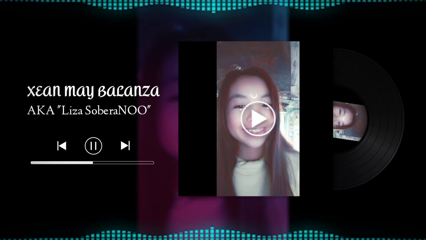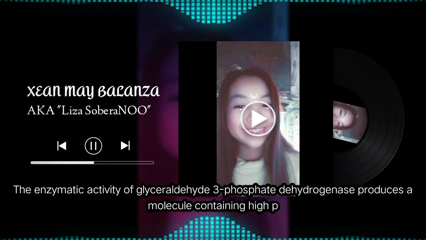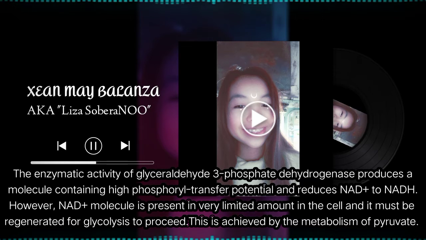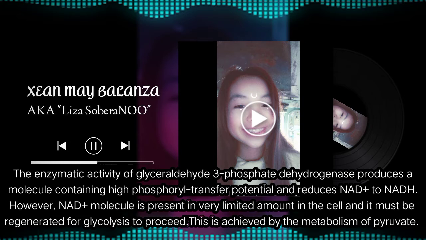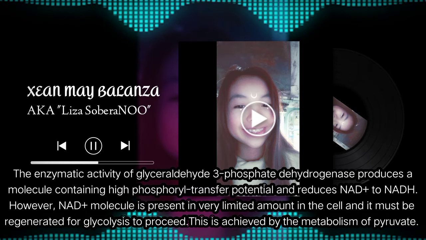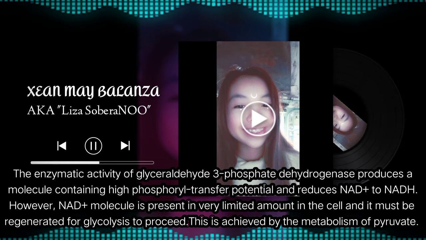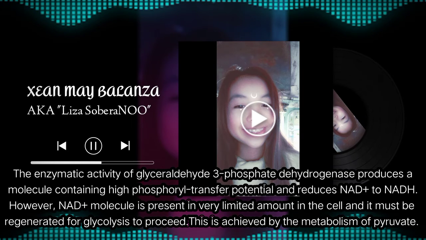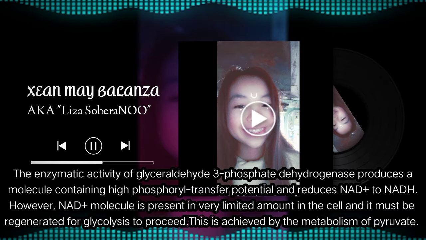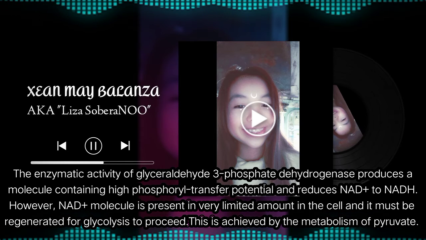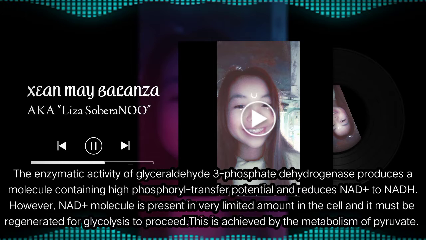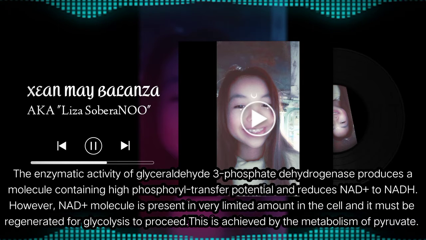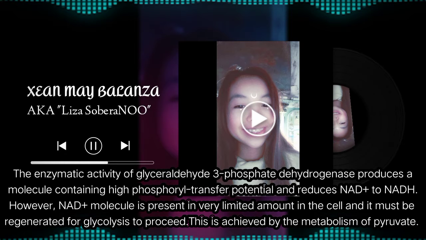The enzymatic activity of glyceraldehyde 3-phosphate dehydrogenase produces a molecule containing high phosphoryl transfer potential and reduces NAD to NADH. However, NAD is present in very limited amount in the cell and it must be regenerated for glycolysis to proceed. This is achieved by the metabolism of pyruvate.